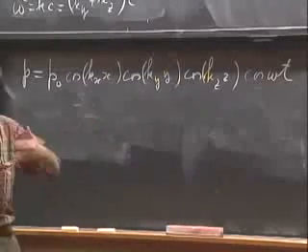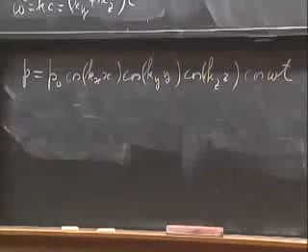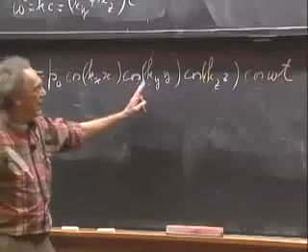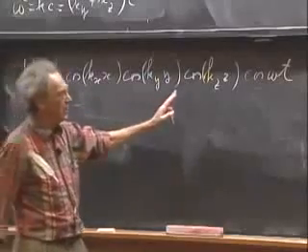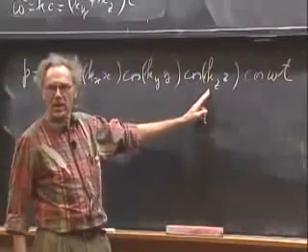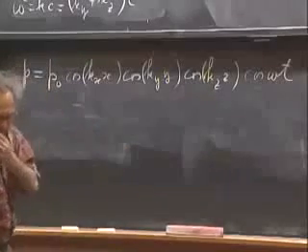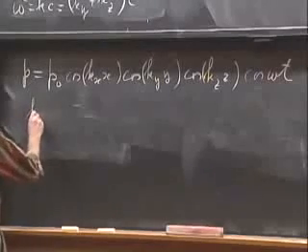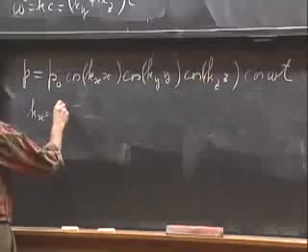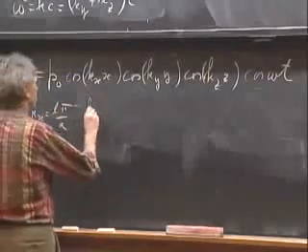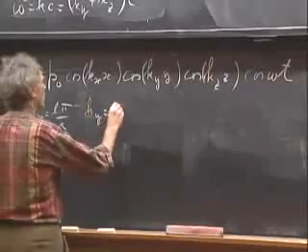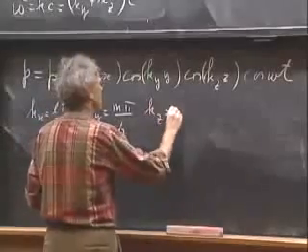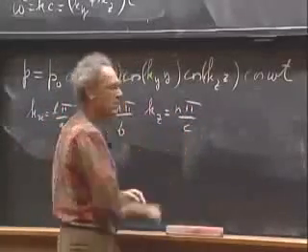And so now, in complete analogy with what I wrote on the blackboard there, I must have pressure antinodes at x equals 0 and at x equals a, at y equals 0 and y equals b, at z equals 0 and z equals c. And so now I have that my boundary conditions require that kx is L pi over a, that ky equals Miri pi over b, and that kz is Nancy pi over c.